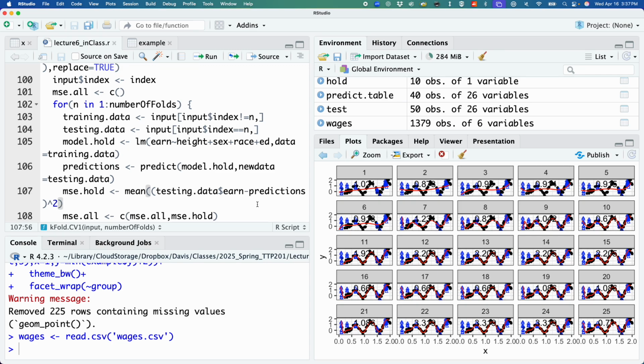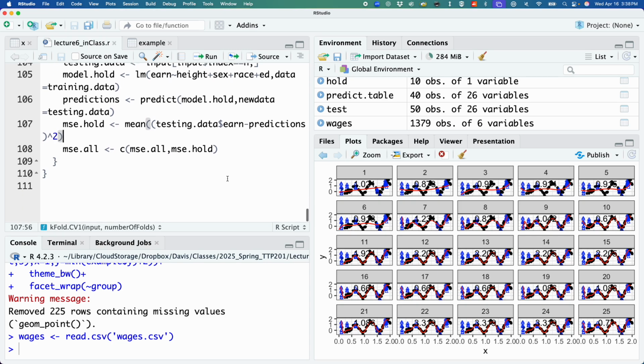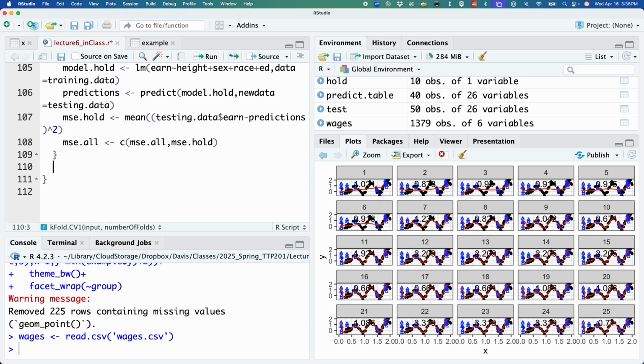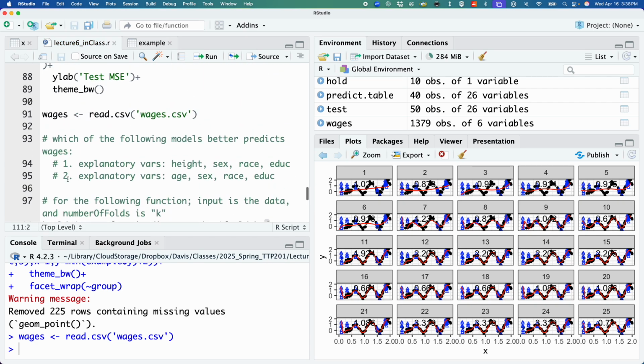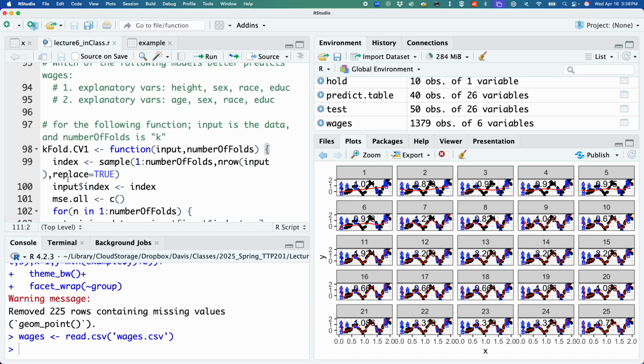And now I have a vector of my 5 mean squared errors. And that's the thing that I'm going to want to return. So return mse.all. So this will give me my 5 MSEs from my kfold function testing this model 1.